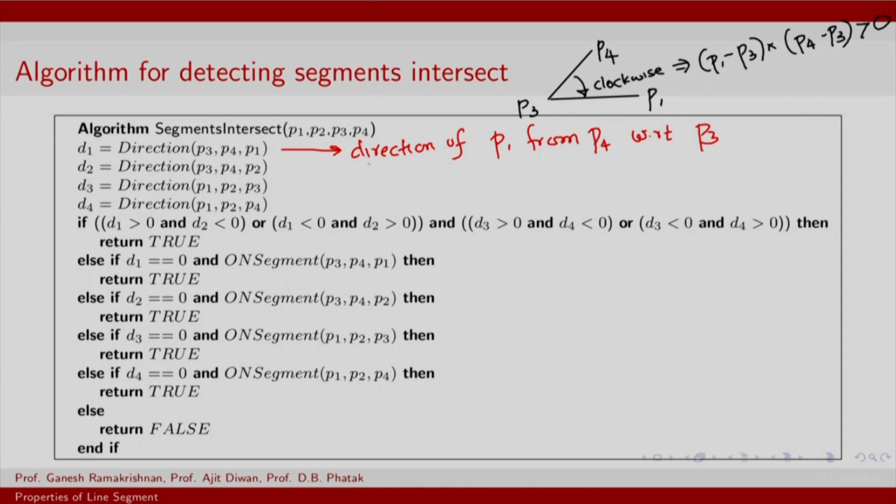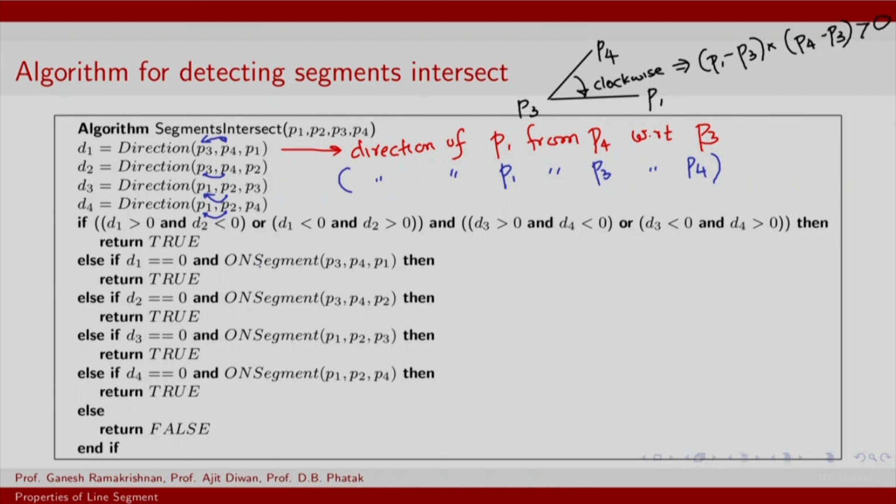As homework, you might want to look at the direction of P1 from P3 with respect to P4, basically swapping P3 and P4 here, and similarly swapping P1 and P2 in the directions D3 and D4.